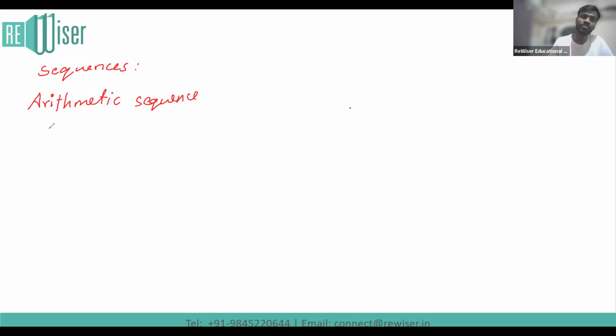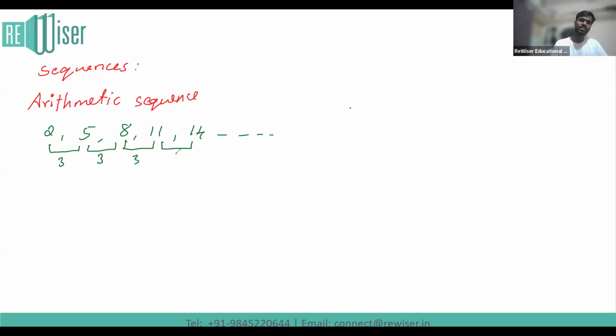For example, if you have 2, 5, 8, 11, 14, something like this. Here the common difference between the first two terms is 3. The common difference between the third and the second term is also 3. Here also it's 3, and here also it is 3.